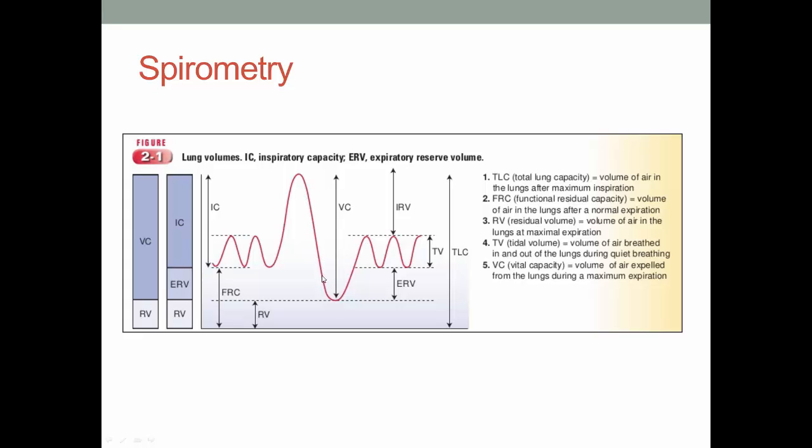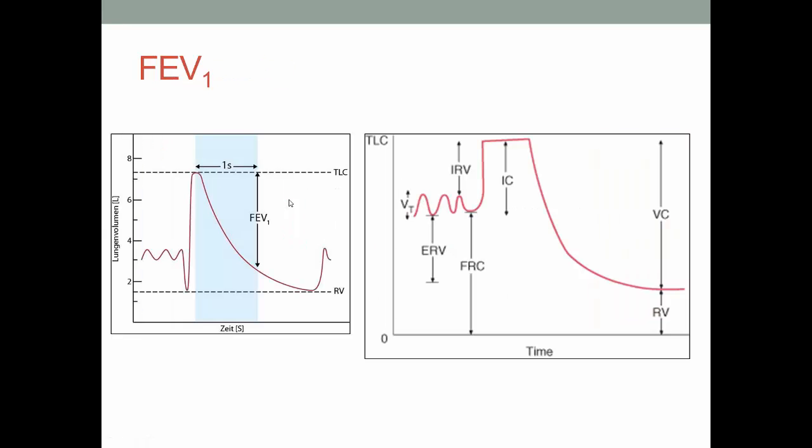So say it ended here, now you have this much air left in your lungs. So the residual volume increases. Over time, your total lung capacity will increase for obstructive disease because air is trapped. And total lung capacity would decrease if it's restrictive because you are not bringing in as much air as you would like. All right, so let's keep going.